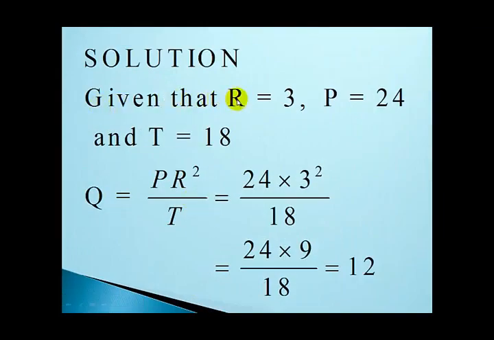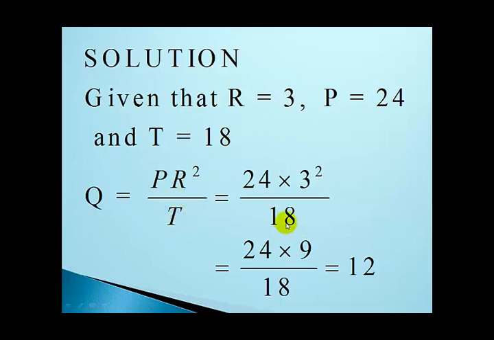Now from the question, we are given R to be 3, P equals 24, and T equals 18. Now from Q equals P R squared over T, it means that wherever we see P, we have to substitute it by 24. Wherever we see R, we have to substitute it by 3. And wherever we see T, we substitute it by 18.